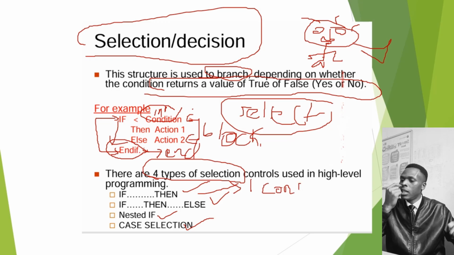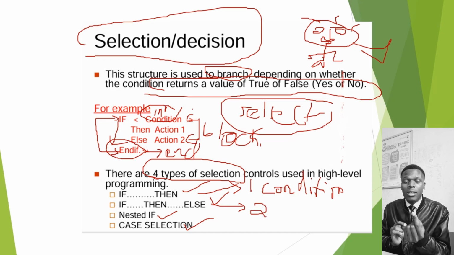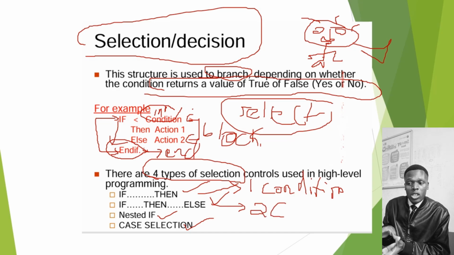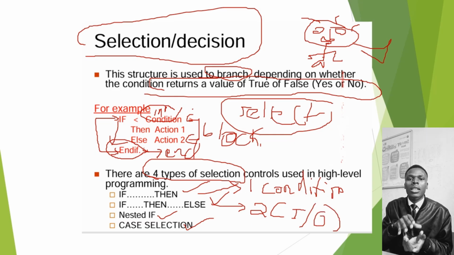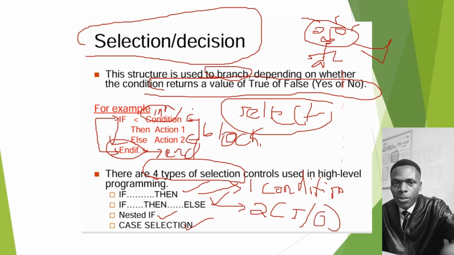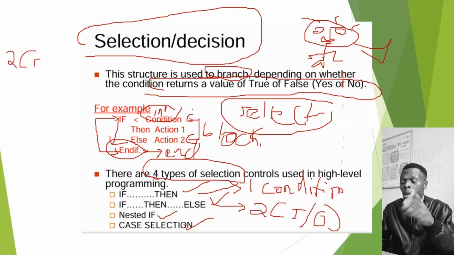We don't have anything else to do inside there. So if then else is when we have 2 conditions. That means we test the first condition, and the next condition we are not supposed to write it. It will be in the else statement. So when you use if then else, we will see examples.